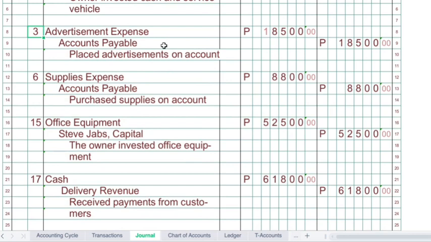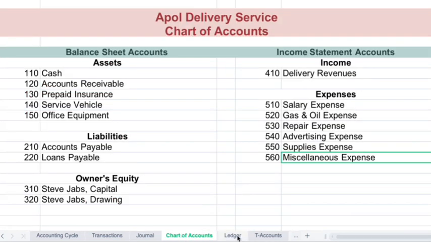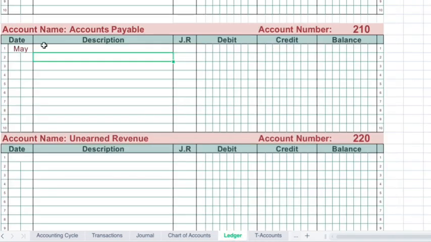May 3, credit 18,500 for advertisements on account. So, place advertisement on account. So, that is on our journal entry page number 1.